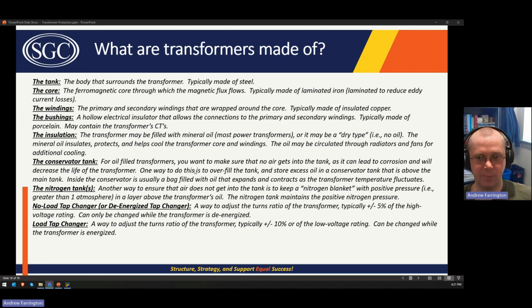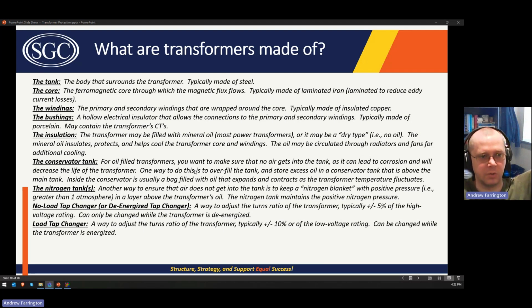So there are two primary ways of keeping the transformer tank completely free of air. One is a conservator tank. So the tank will actually sit above the transformer, and it'll be connected via one or two pipes down to the main tank, and you'll actually overfill the transformer with oil such that some of the conservator tank is filled with oil.